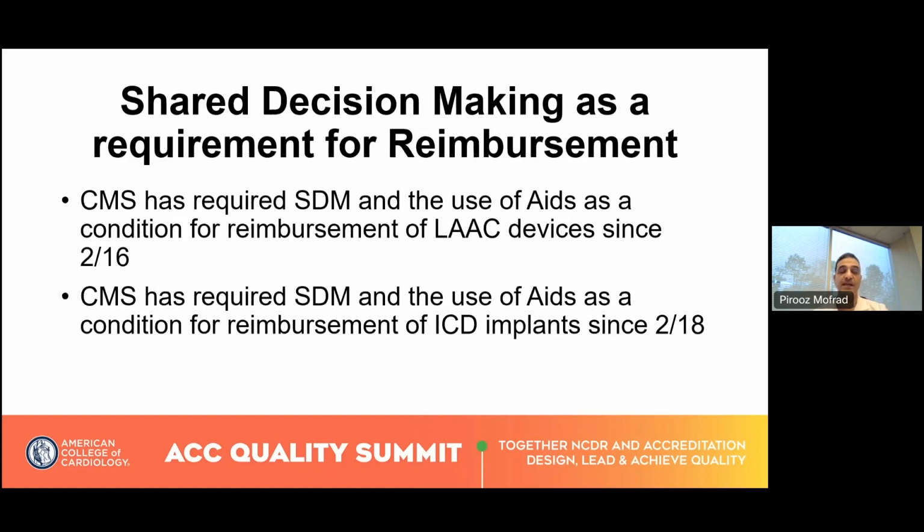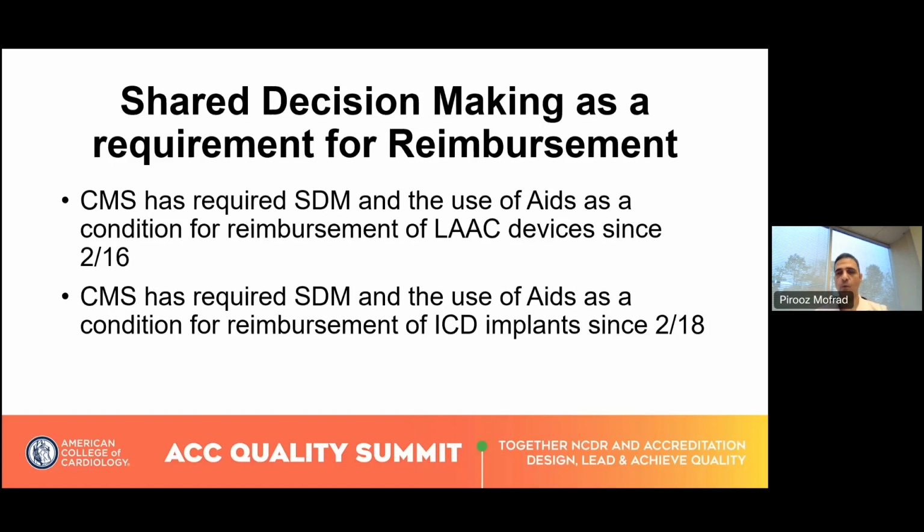And again, shared decision-making has clearly been mandated, required with the use of decision aids for reimbursement for not just the defibrillator implants since February of 2018, but again, left atrial occlusion devices since 2016. So this is nothing new.